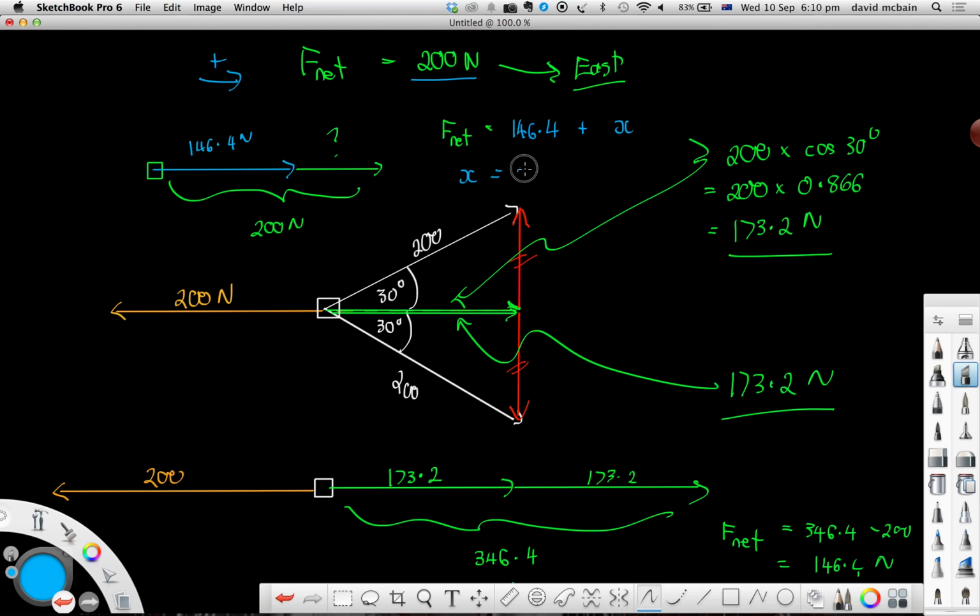It'll be 200 minus 146.4, which will equal 53.6, I think. Yeah, that sounds right. So that's the missing force, 53.6 newtons.